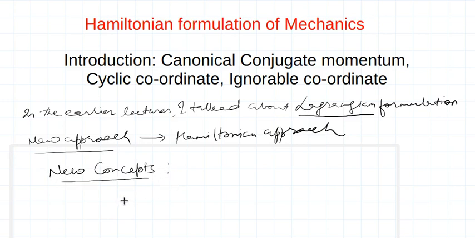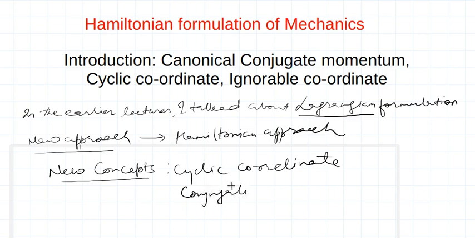Like cyclic coordinate, conjugate momentum, canonical conjugate pair.